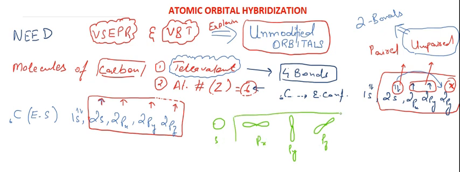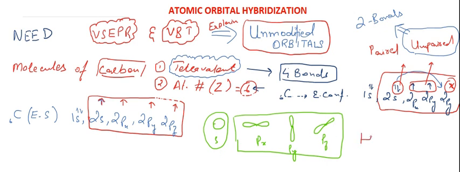These three p orbitals have the same energy, but this is not true of the s orbital, which is a little different in energy as compared to the p orbitals. How can the four bonds of carbon be equivalent?